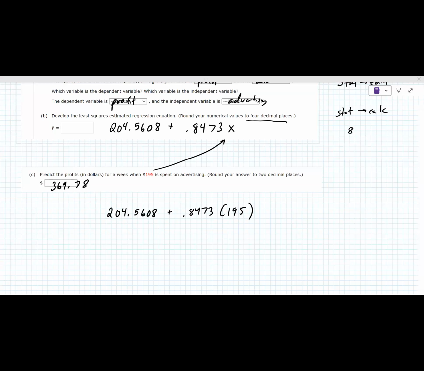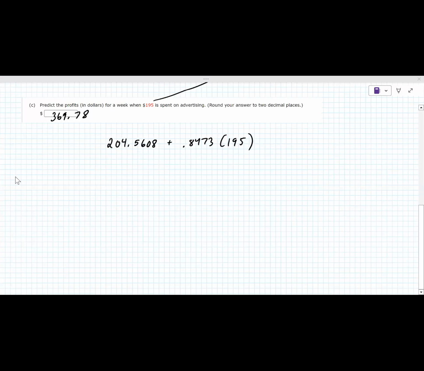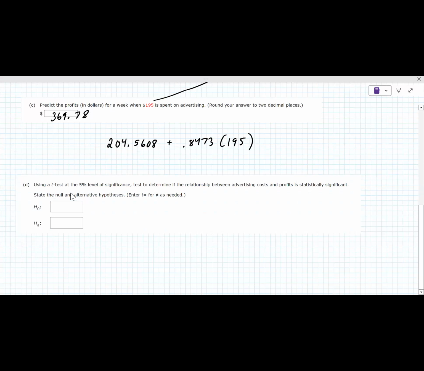So now we're up to the hypothesis testing stuff. This one's fine. This is the beta 1 equals 0. Beta 1 does not equal 0. It's always this. You can put that on a note sheet.